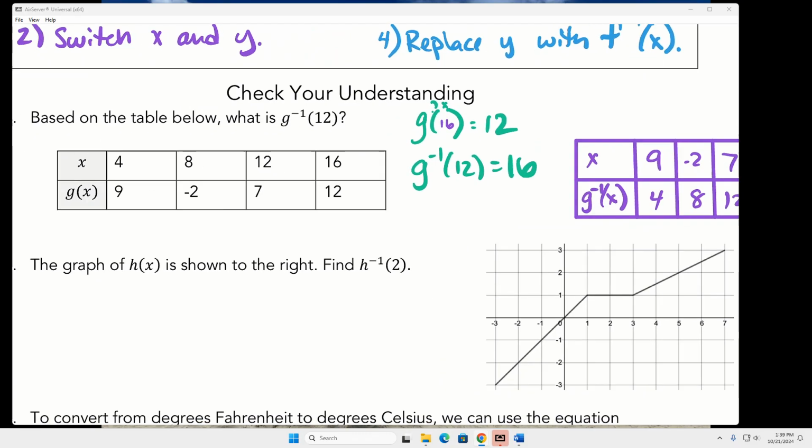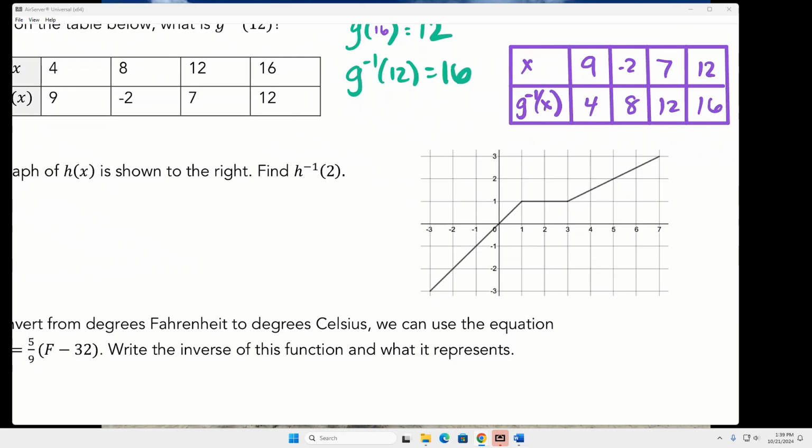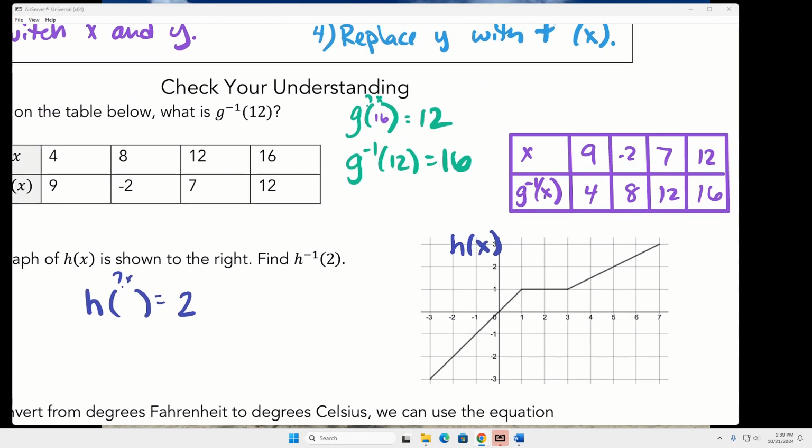Okay, so on number 2, this is the graph of h. They're not asking us information about h. They want us to know h inverse of 2. So same thing that we were just saying with the table.